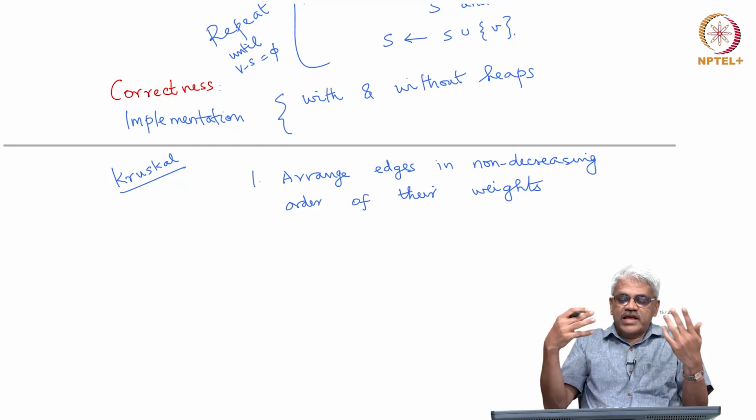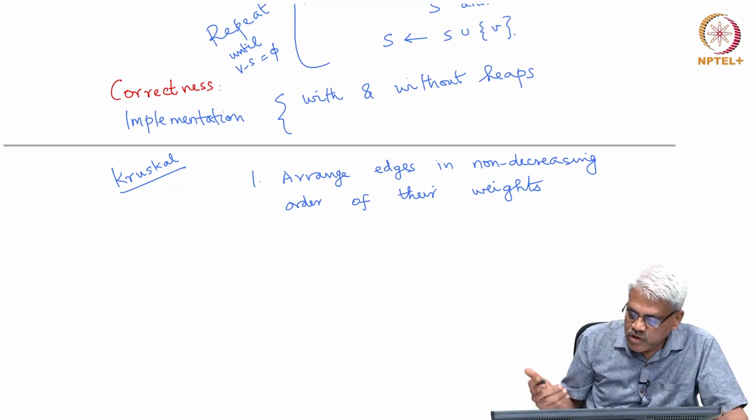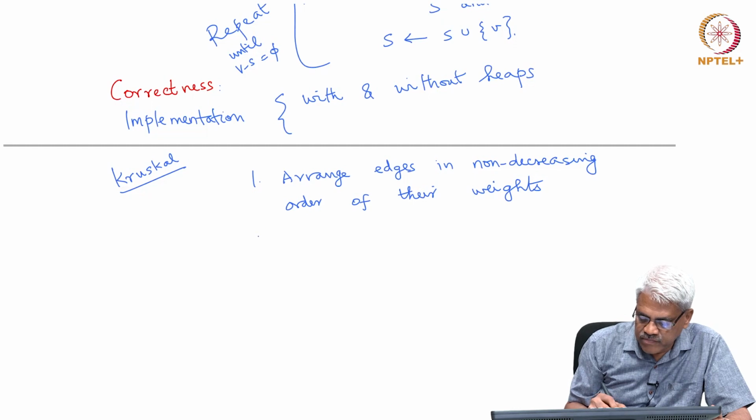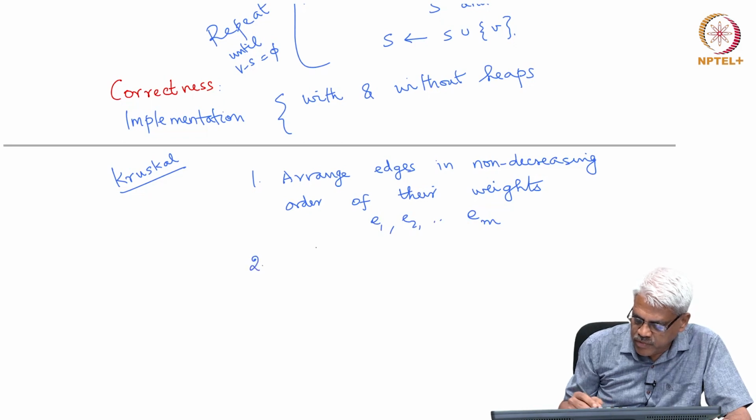So, I am going to take the smallest weight edge. Let us call these edges E1, E2 up to EM. Now, step 2 is essentially a loop.